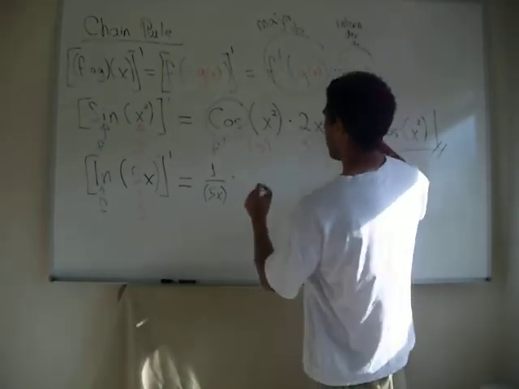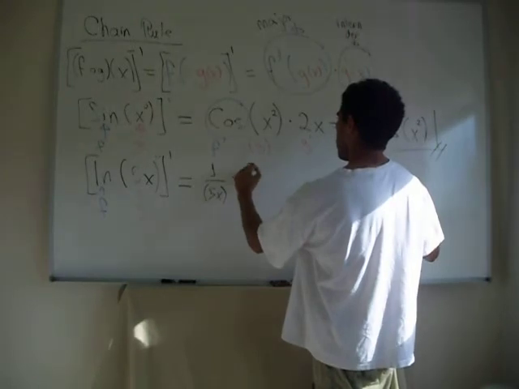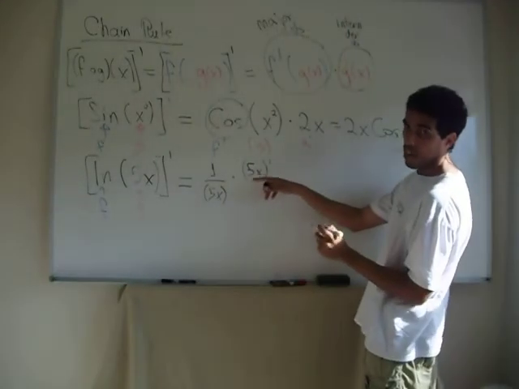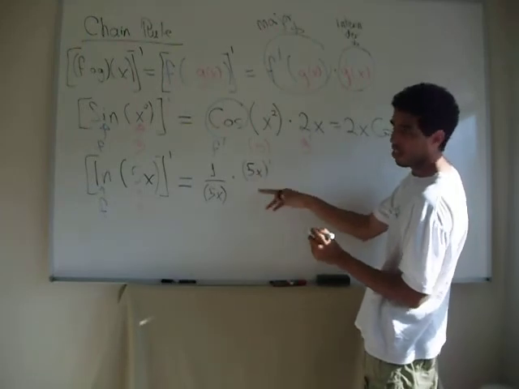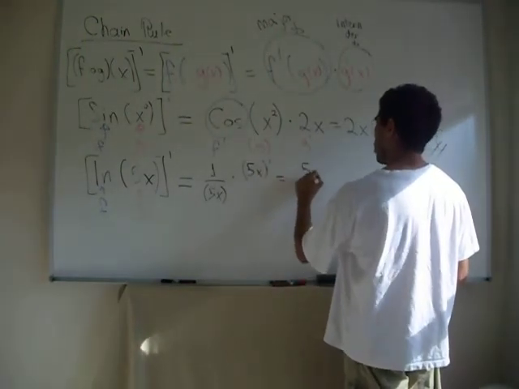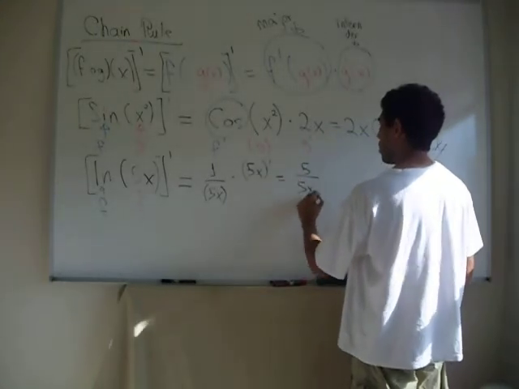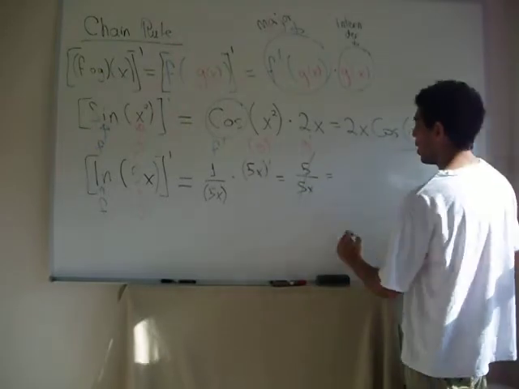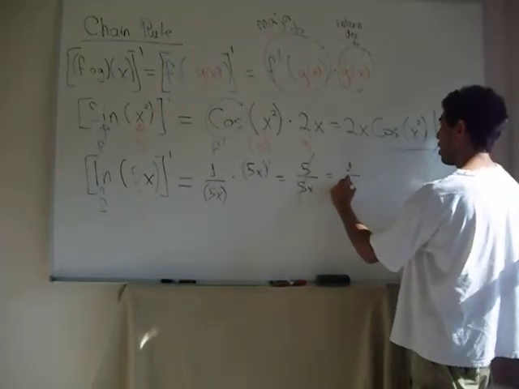And what is g prime? The derivative of 5x, which is 5. So it equals 5 over 5x, the 5s go away, and we get 1 over x.